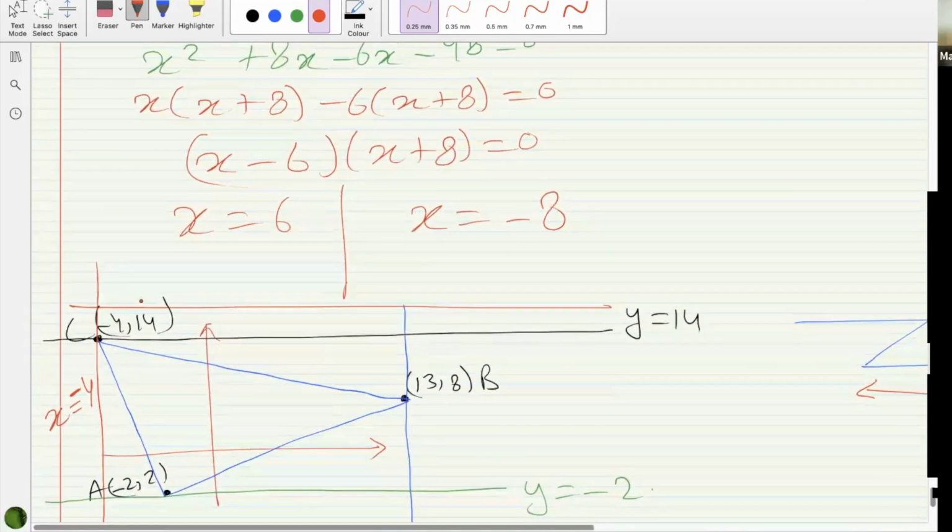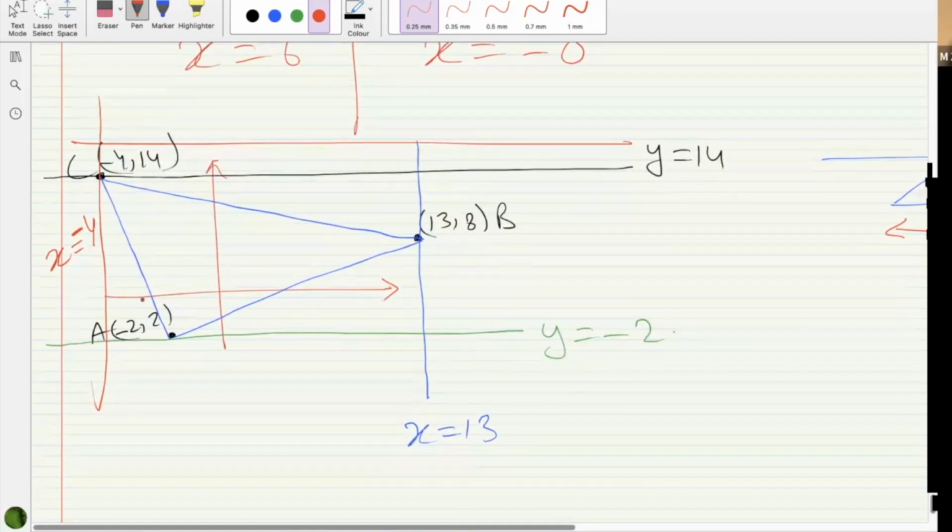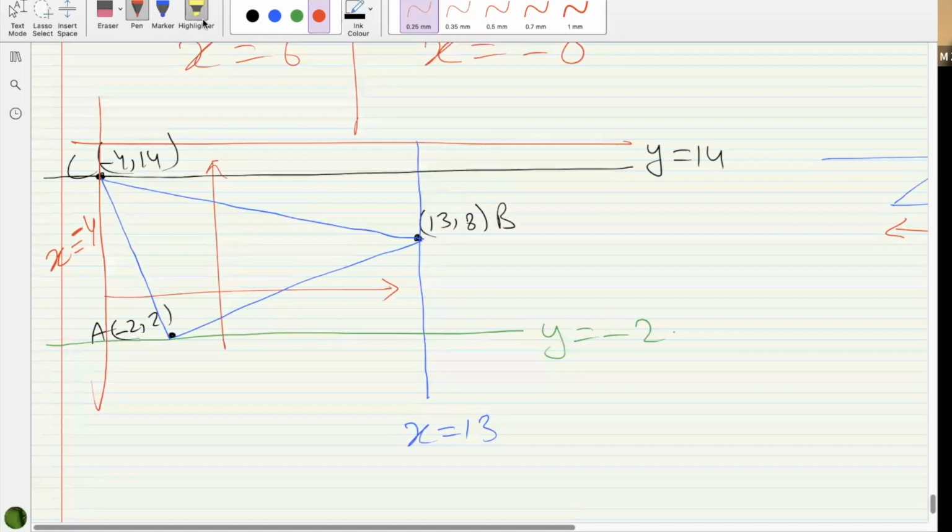Yes, sir. So what are we actually going to do? Now we have a rectangle and we will subtract these 3 triangles from the rectangle. So the rectangle is actually this length, which is from -4 to 13.